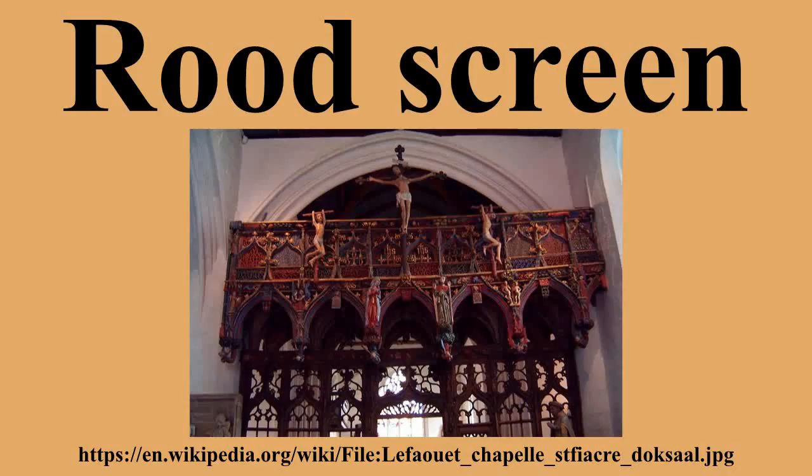This arrangement was adopted for almost all new Anglican parish churches of the period. Painted rood screens occur rarely, but some of the best surviving examples are in East Anglia.